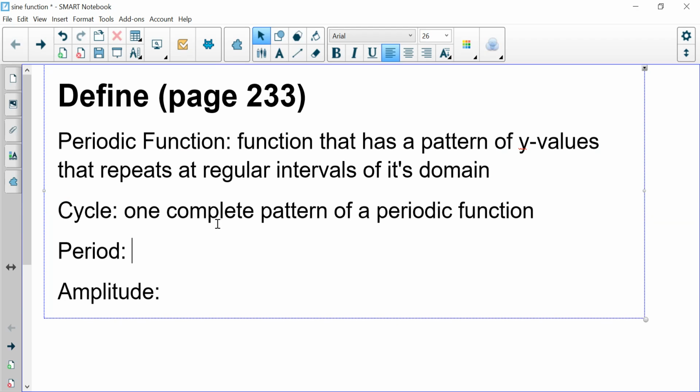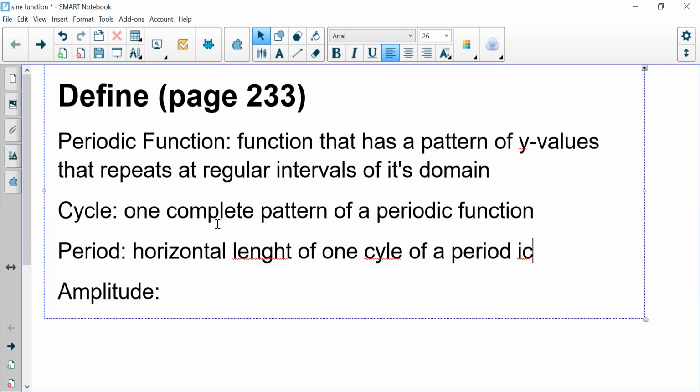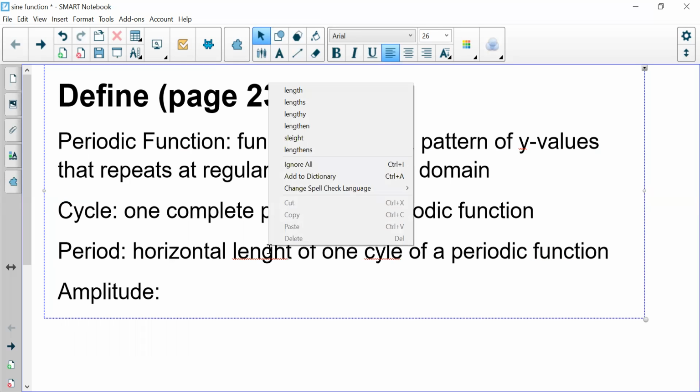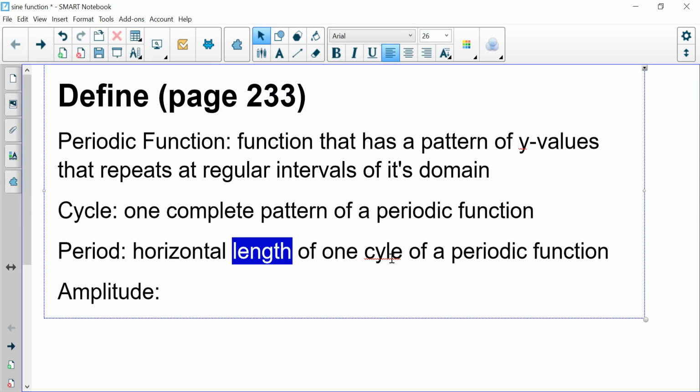Lauren, can you read that one for me? Yeah, it's the horizontal length of one cycle of a periodic function. Right, good. So it is the horizontal length.